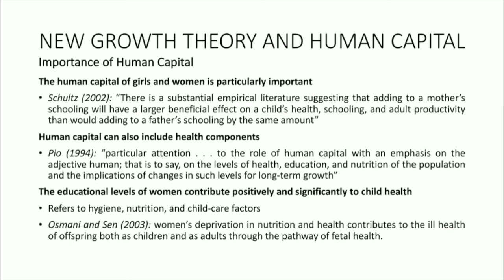So basically, what the woman consumes or how she's taking care of herself will affect her child in the future. So even the health of adults and consequently their capacity to work depends on the health of their mothers, as health outcomes are transmitted from one generation to the other.